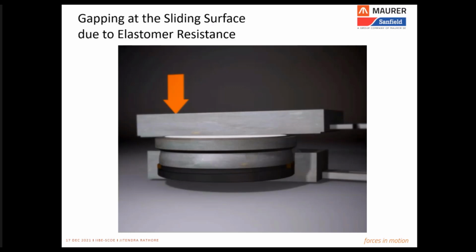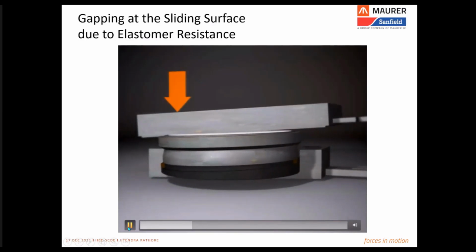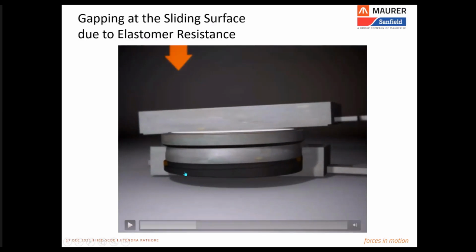That means elastomer applies a counter force to regain its unstressed position. So similarly, when the elastomer is compressed inside a bridge bearing for rotation, it applies a counter force, and the sliding material on top, which should be getting a uniform load, gets it concentrated on some part, and there could be a separation on the other end also.